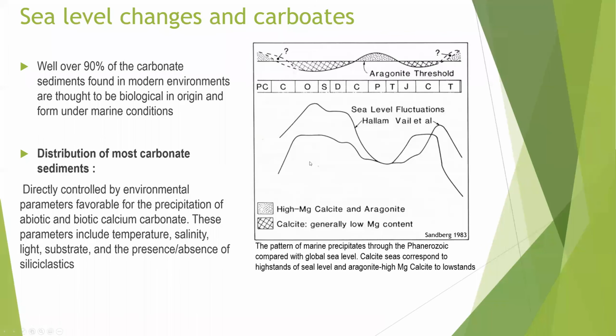But in carbonate, when the sea level goes up and reaches the highstand, that is very important for us. In the next slide, I will talk about this part again.